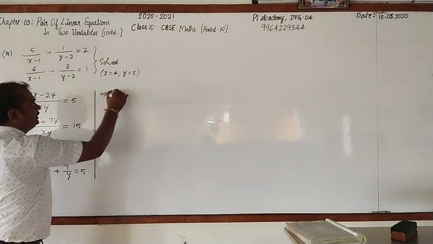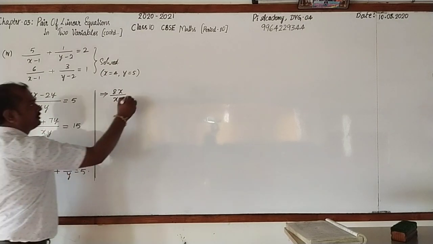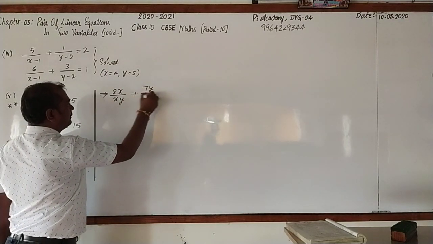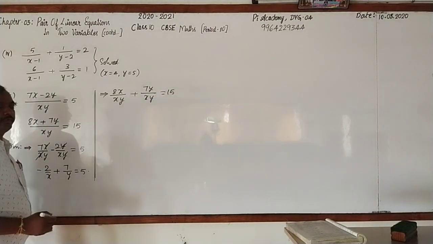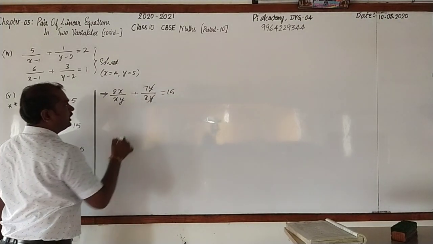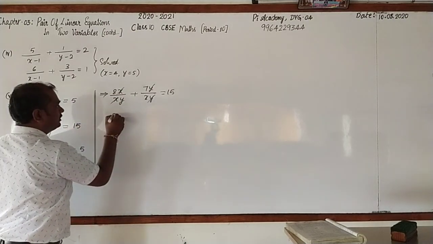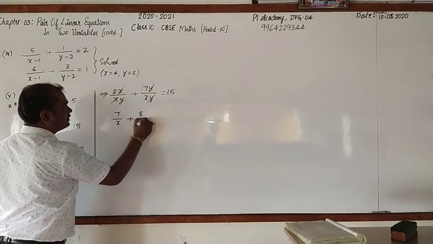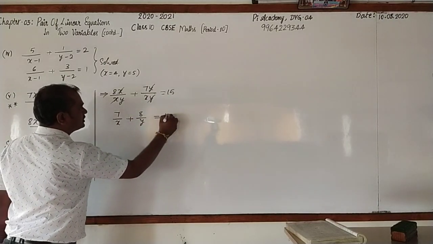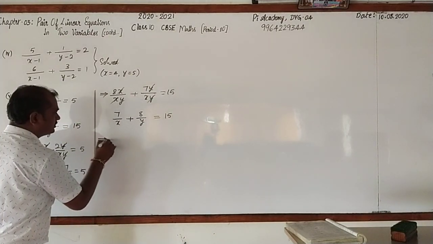Here I'll write 8x by xy plus 7y by xy, which is equal to 15. y and y get cancelled, x and x get cancelled, remaining 7 by x plus 8 by y. This is equal to 15. Clear? Now let us go for solving these two equations.